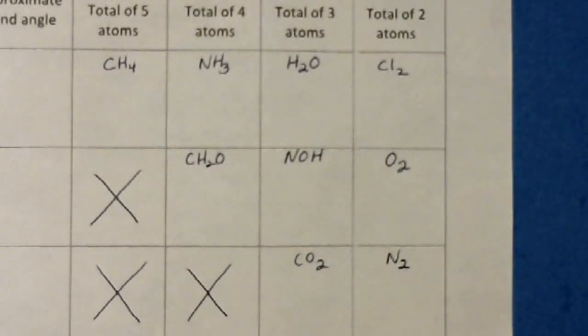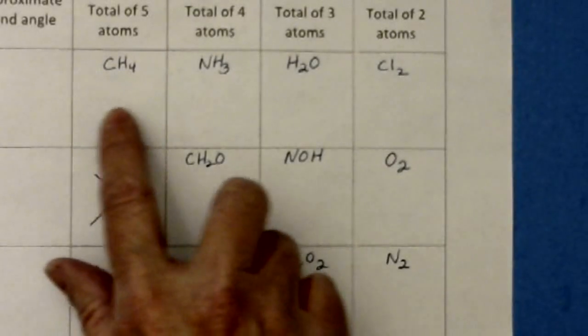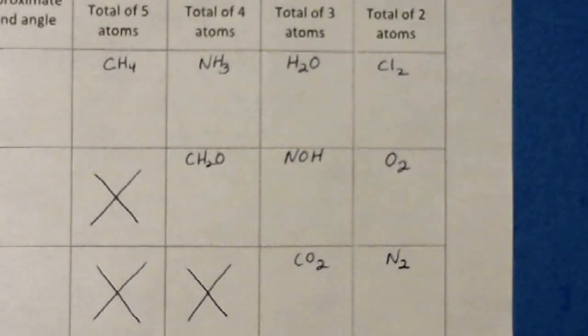If you haven't done so already, pause the video and go ahead and do that. You're also going to need to have your 5 marshmallows and your 4 toothpicks to fill out this chart. So go ahead and pause the video if you need to, and then come back and join us when you have all your supplies. And I'll be here.